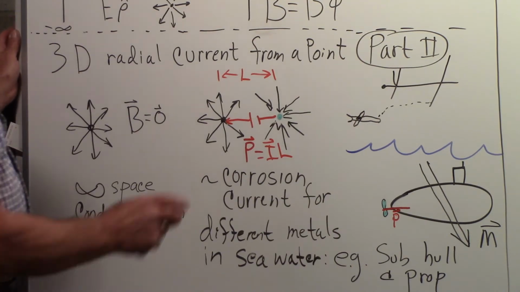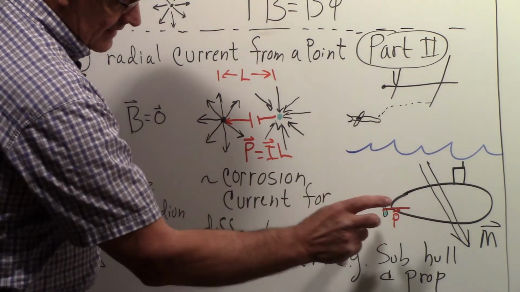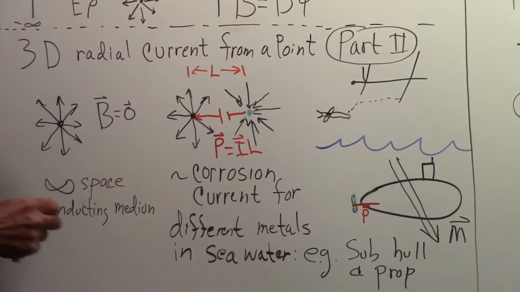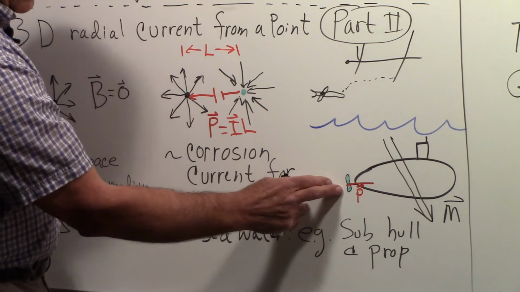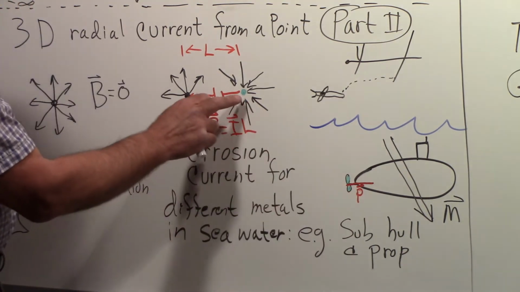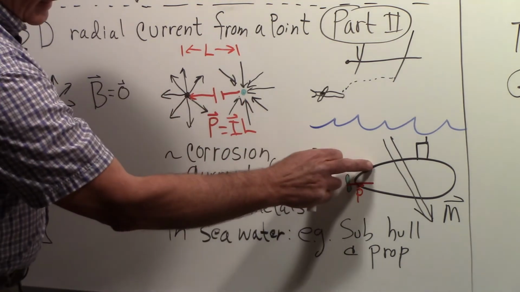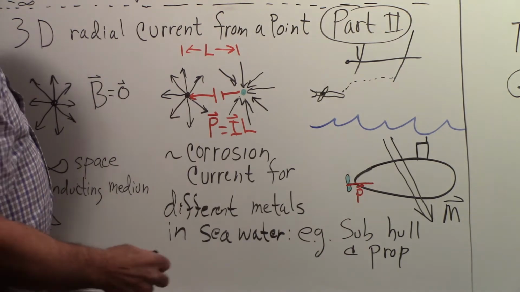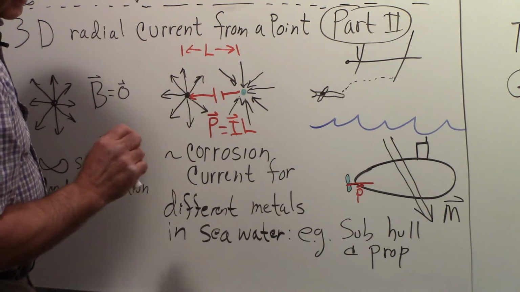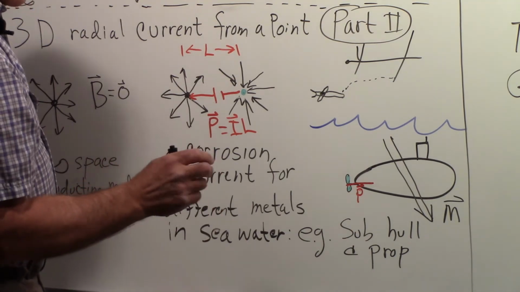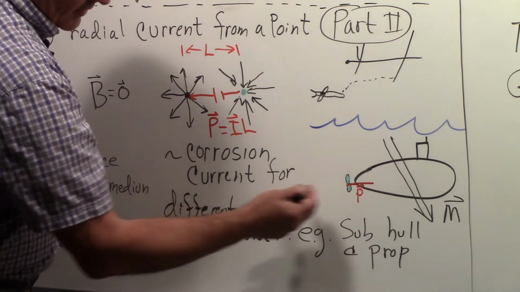And we took this idea and applied it to the case of a submarine. A submarine has a different metal for the hull than it does for the propeller. We're associating the green here and black here with the different metals. And I don't know if I have the current direction correct, but that's not important here. So a submarine will have that electric current moment.